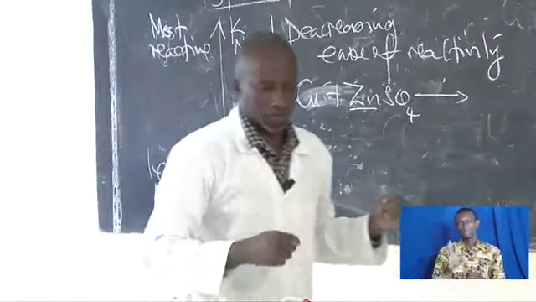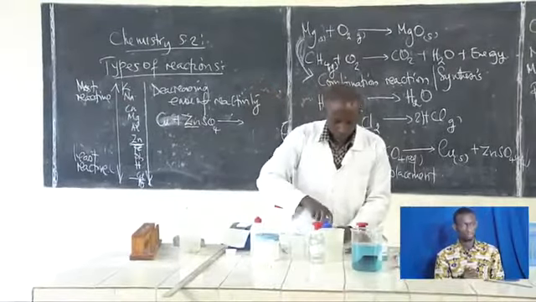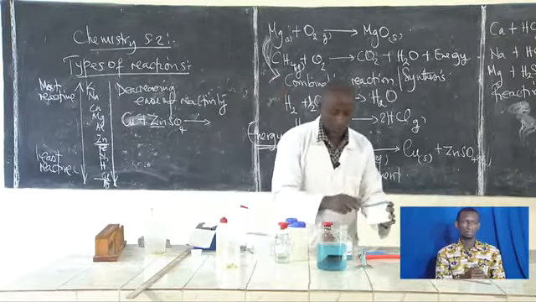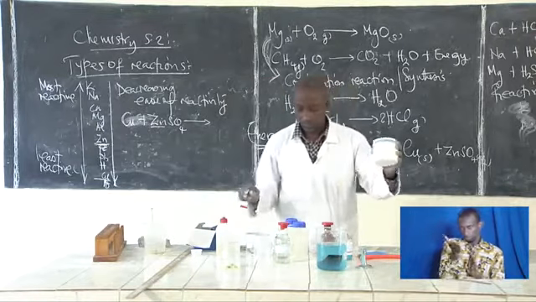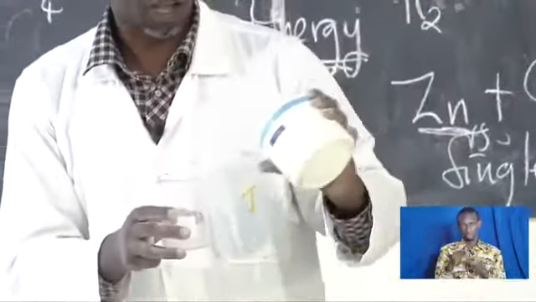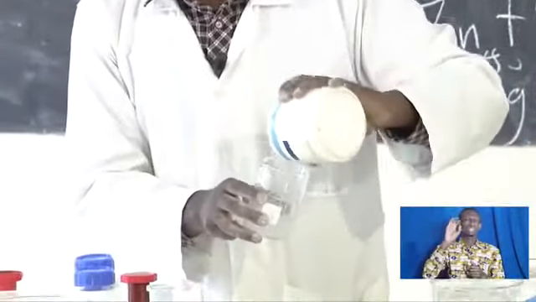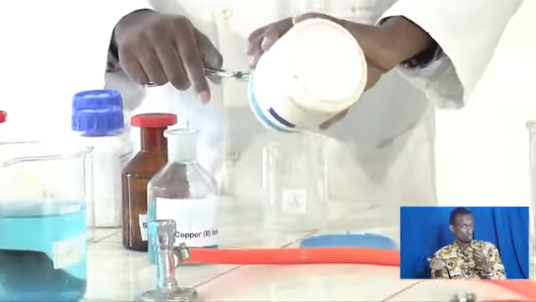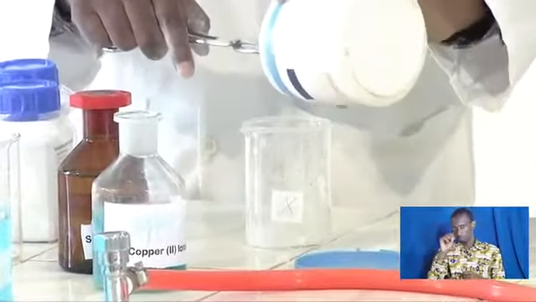Let me show you, because I have copper and zinc sulfate with me here. This is copper. There we go. This is zinc sulfate, a solid, so I'm just going to make a solution of zinc sulfate and then show you what I'm talking about.